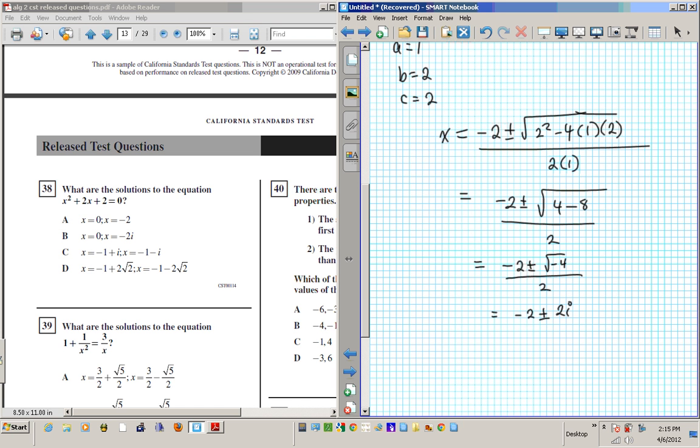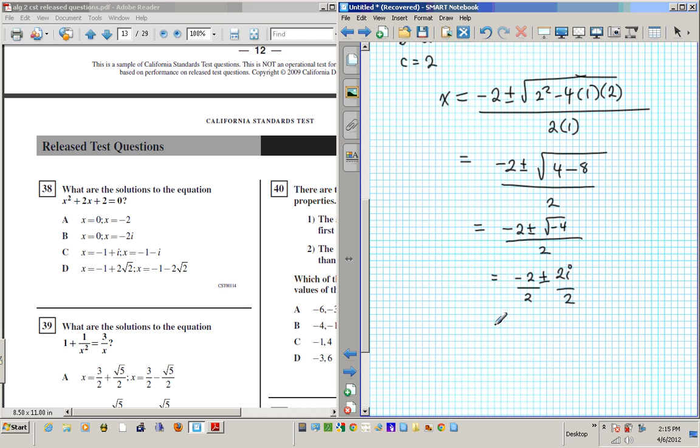I can put this over 2, split it apart. So if we divide, we're going to have minus 1 plus or minus i. If we break them apart, we can have either minus 1 minus i or minus 1 plus i. Final answer for 38 is C.